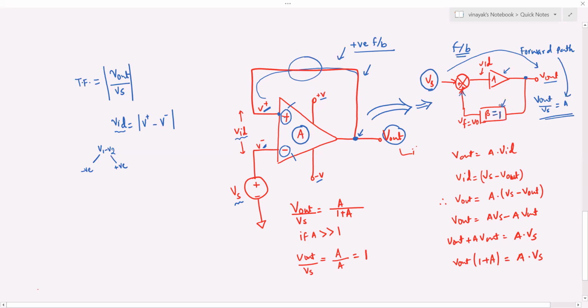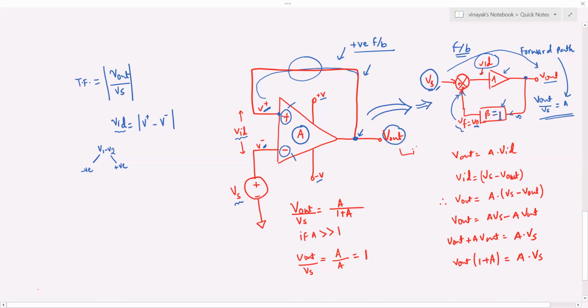Since we now have beta equal to 1, the input to the feedback circuit, which is right here, is your VO, and the output of the feedback circuit is the feedback voltage, which is equal to VO because the gain of this block is equal to 1. This voltage is subsequently getting mixed with the Vs, creating the VID.